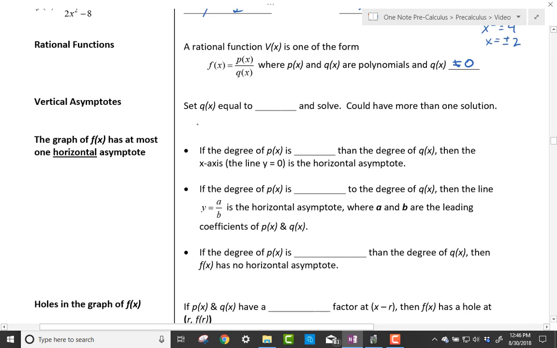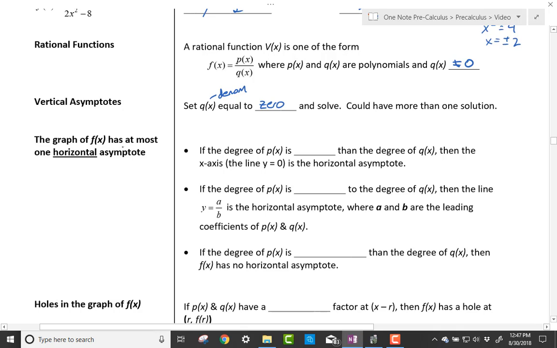So, to find our vertical asymptote, we're going to take the denominator, q of x, set the denominator equal to 0 and solve it. You could have more than one solution, just like our x equals plus minus 2 back up here, all right?